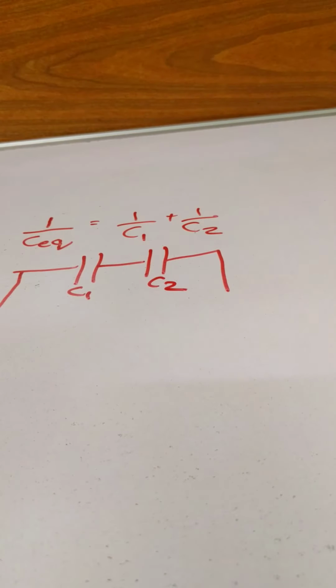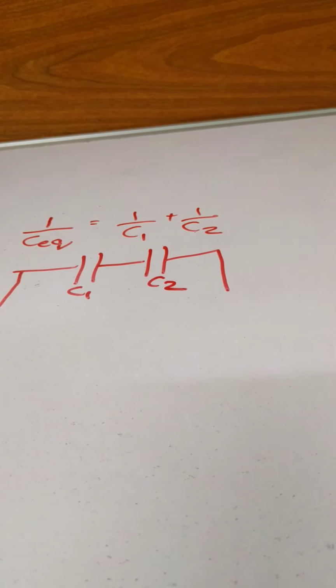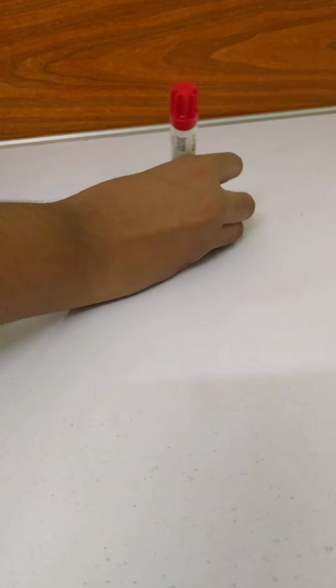So the equivalent is 1 by C1 plus 1 by C2. You want the derivation? I think it's not important now because we are running out of time. And if two are in parallel, you can directly add them. So C equivalent equals C1 plus C2.